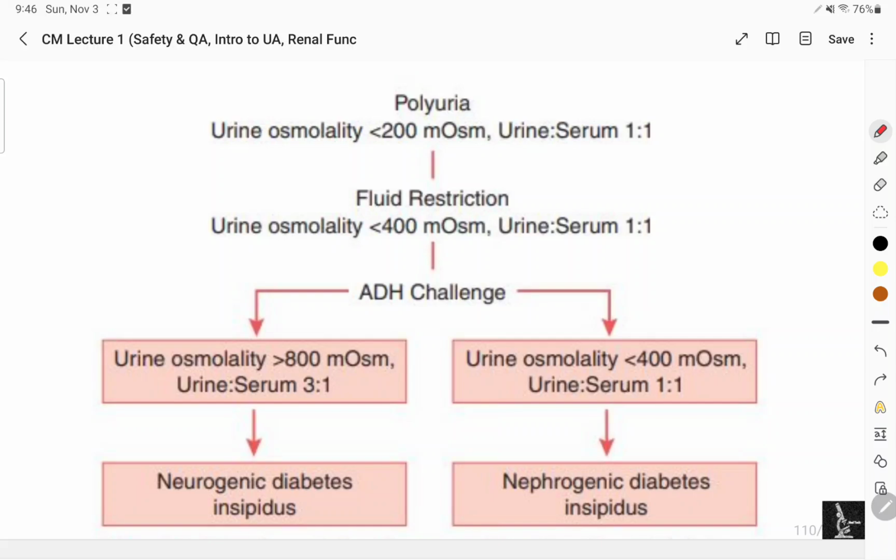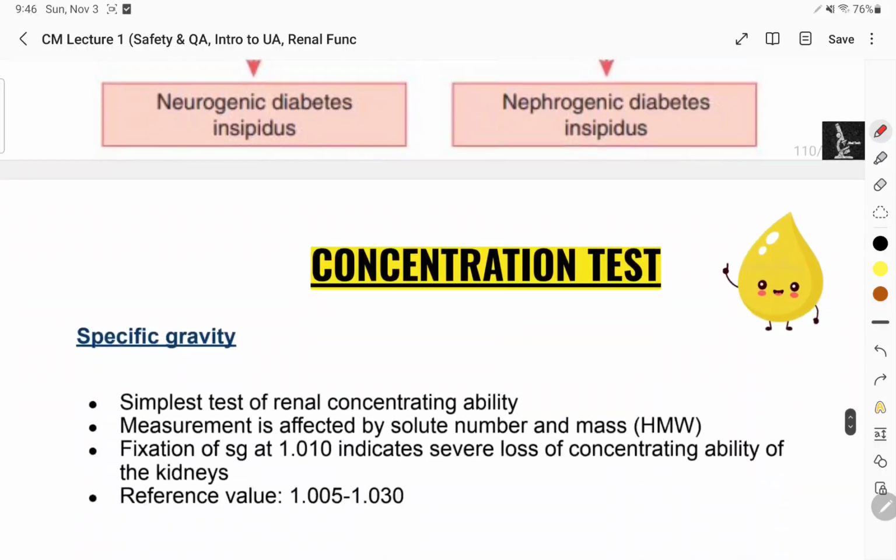Your collecting ducts does not respond, okay, to the ADH stimulation. Bisan pagdaghan kag ADH. Pero kung imong kidney kay di siya mo respond, mausik ra imong ADH. So diluted gihapon imong urine. Okay? Sinanay na pagkaibaw ha, the difference between nephro and neurogenic.